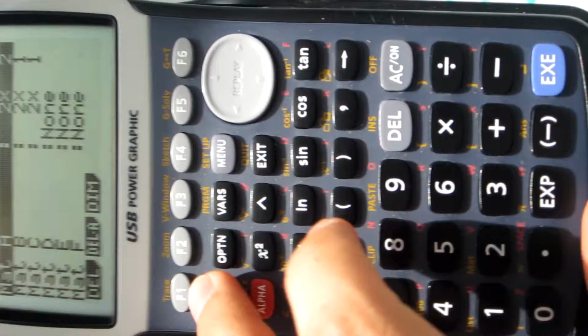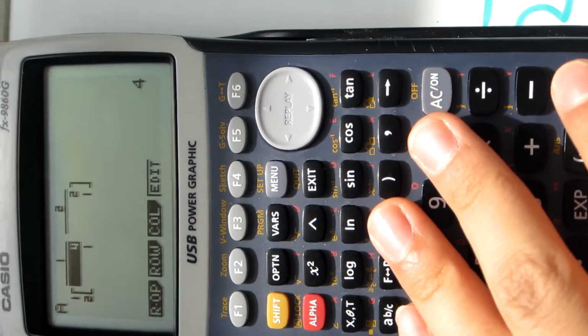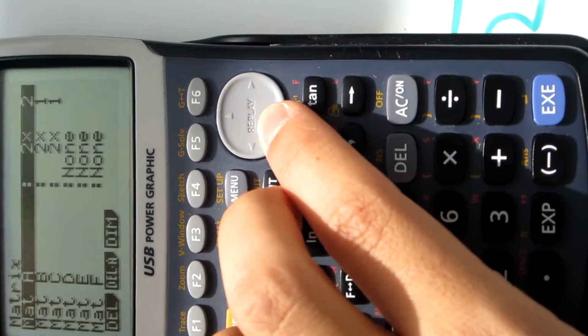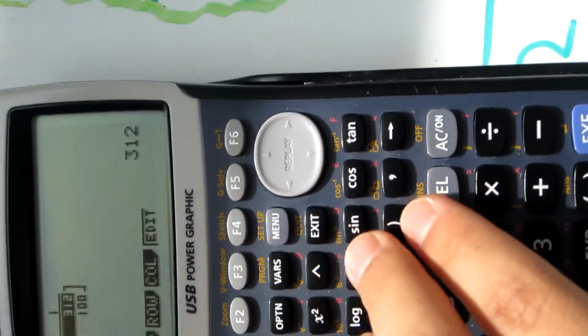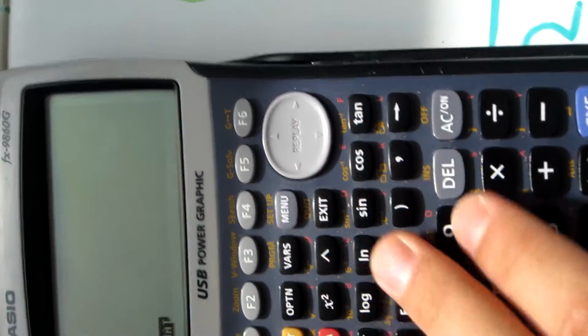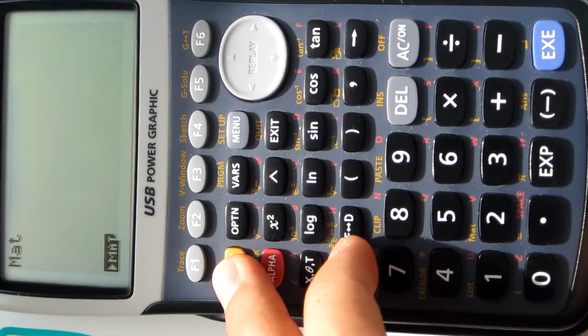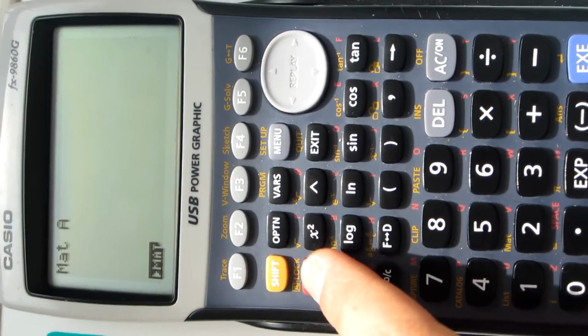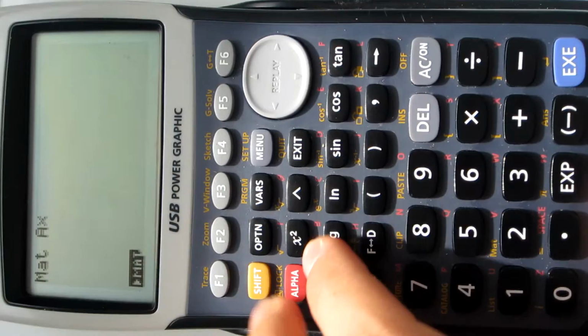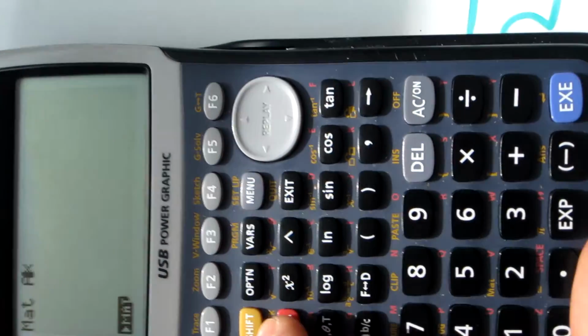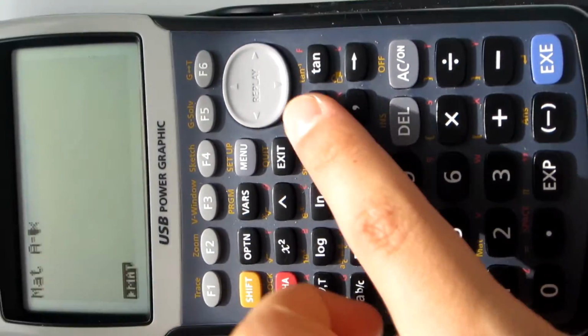Okay, in order to solve it by a calculator or check it, you need to go to the matrices and type in matrix A and matrix C. At first you set it up, matrix A times matrix A inverse, because inverse goes on the left.